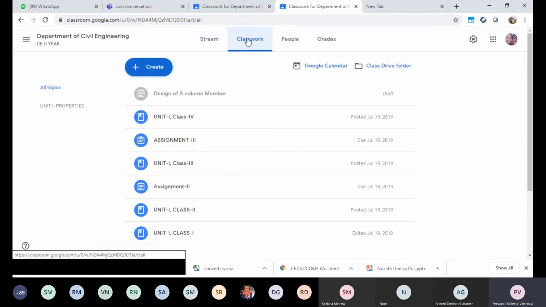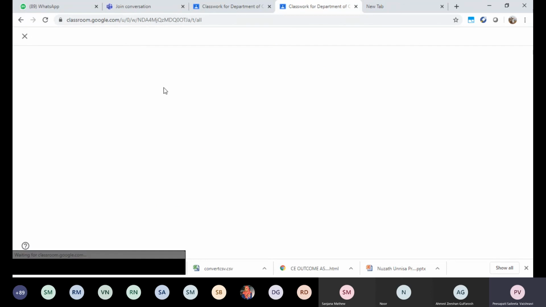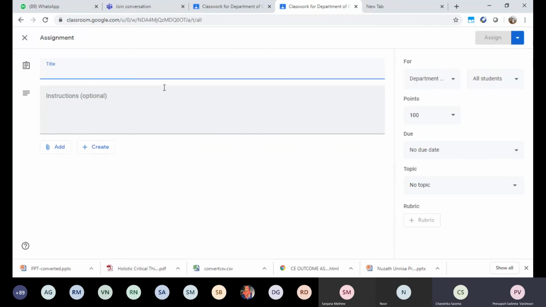Suppose I want to add some classwork, an assignment. By title, I can give Unit 4. I'm just generalizing; I'm not going into any topic.